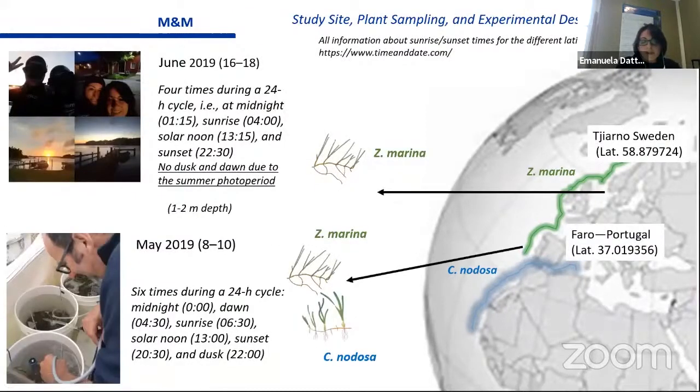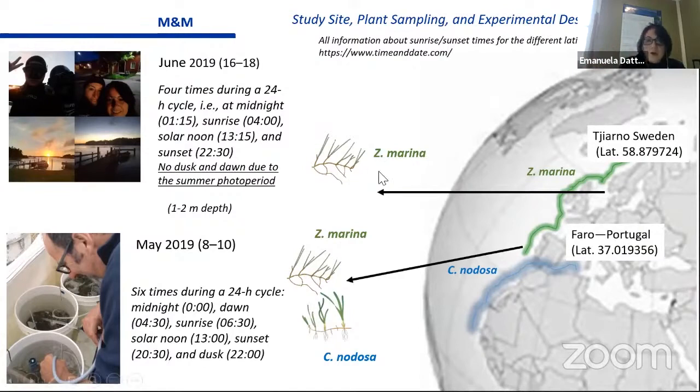Regarding the gene expression analysis, we collected the samples during a 24-hour cycle. In Faro, in Portugal, we collected plants 6 times during a day: at midday, midnight, sunrise, sunset, and also at dawn and dusk, in correspondence with the transition between light and dark.